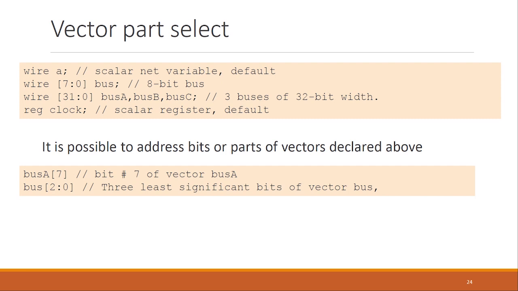Actually, the first example, bus A[7], means you are selecting the 7th bit of the vector bus A. And if you want to select the 3 least significant bits of the vector bus, you need to use the syntax in the second example, bus[2:0]. So with this, from the bus we declared earlier, we are selecting the least significant 3 bits. So this syntax also will be useful when you are designing or modeling circuits with Verilog.